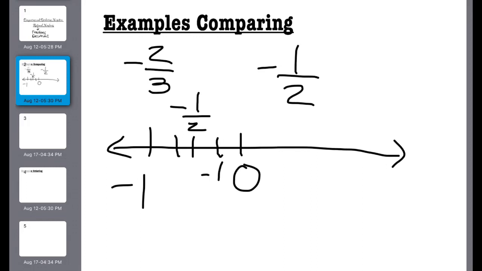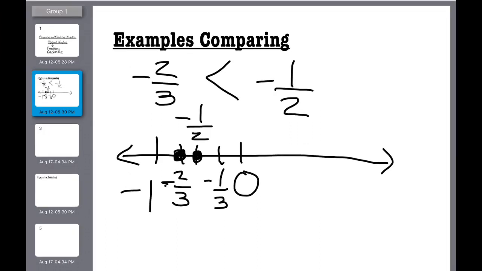So here would be -1/2, and here would be -2/3. So -1/2 is closer to 0. -2/3 is farther from 0. So that makes -2/3 smaller than -1/2.